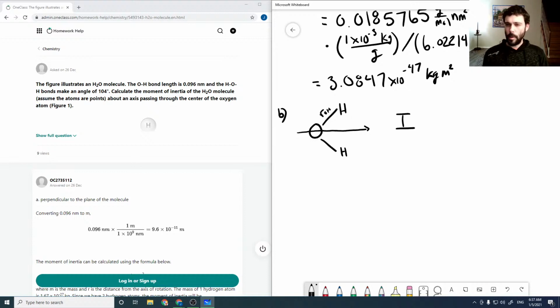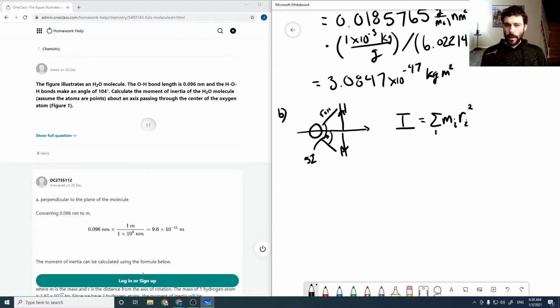So now our moment of inertia is still the sum of our masses times our perpendicular distance squared. Now our perpendicular distance to our hydrogens is this distance, where that is still our angle, which means since it bisects the angle, the angle in here is 52 degrees, as the full angle is 104.